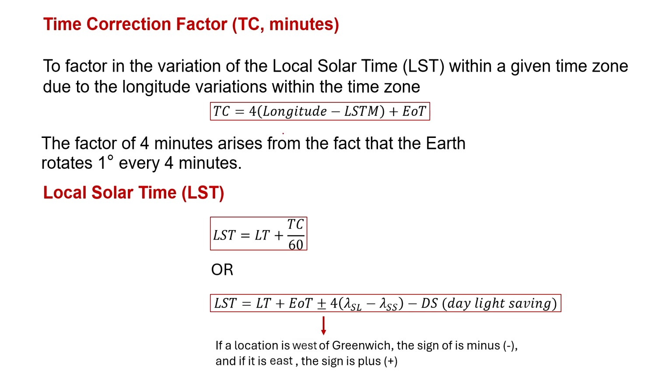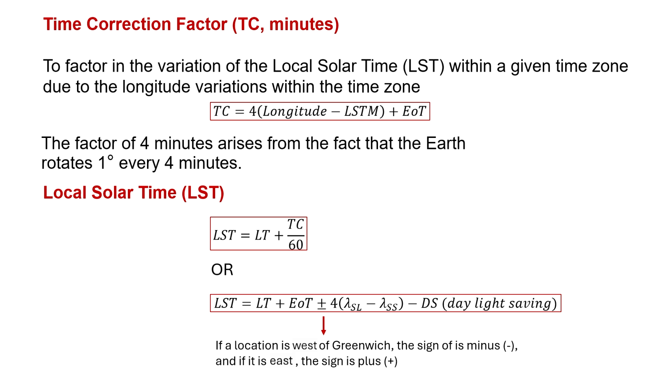So the time correction is 4 multiplied by (longitude minus LSTM) plus the equation of time, where longitude is the actual longitude of the particular place. The factor of 4 arises because every hour is 15 degrees, so every 4 minutes is 1 degree.